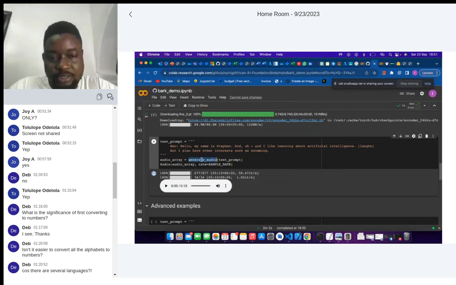It's very simple. It has a generate audio function, and then we pass this text. If you remember that lesson with Dr. Otolo on different data types, this is a string, right? Adding these three quotes allows you to do a multi-line string, and it won't break. So we pass that, and then we have an audio.